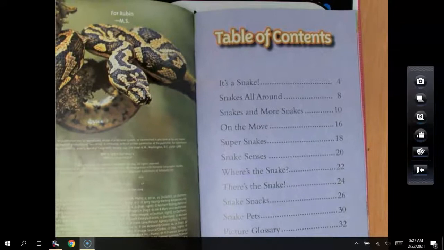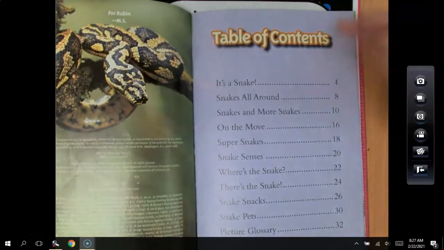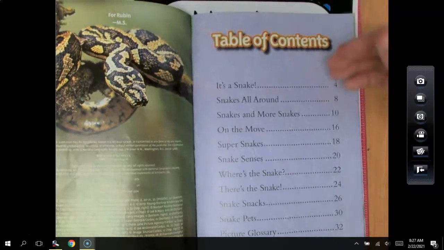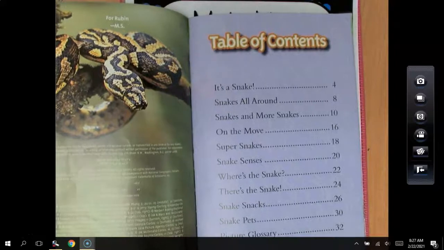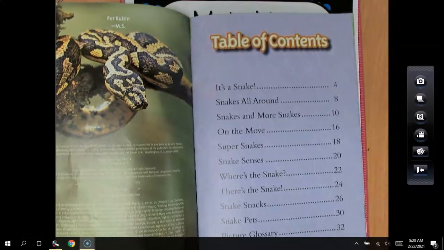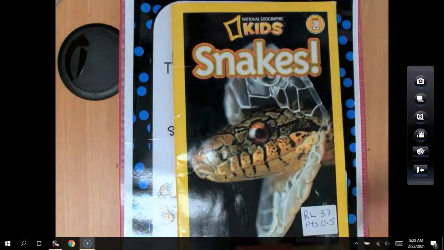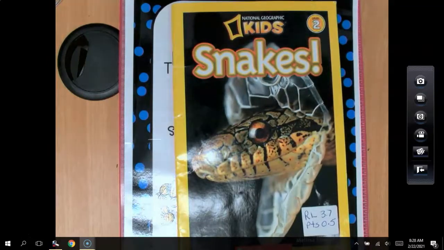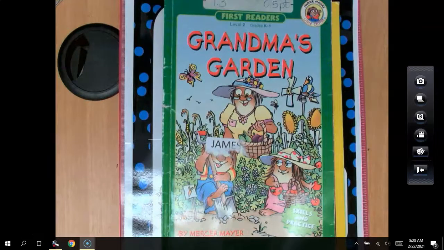I wouldn't just have one main idea with 3 details, because it's a nonfiction story, and because I have different chapters that are giving me different types of true information. So if I have a nonfiction text, I will have more than one main idea, and in a fiction text, I might just have one main idea with 3 supporting details.